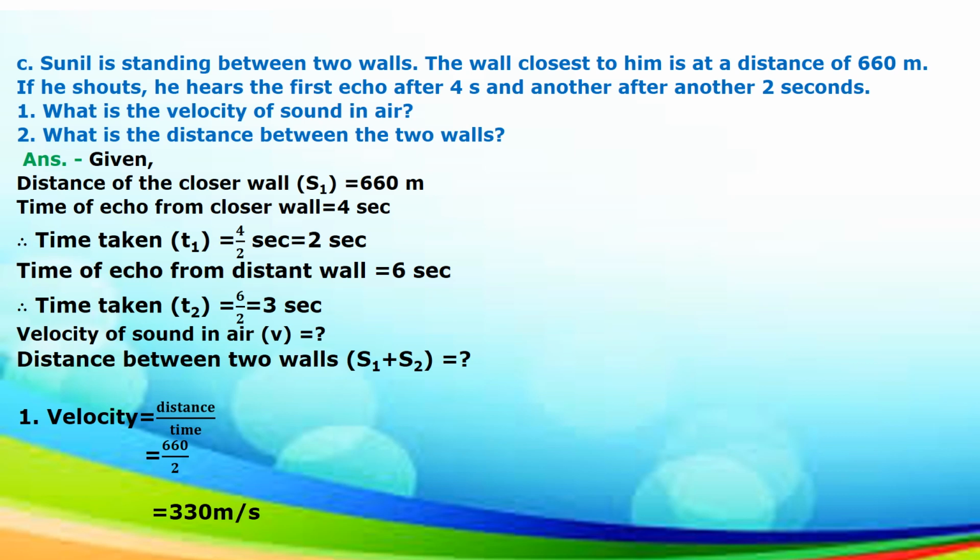So first of all we will calculate velocity. We know velocity is equal to distance upon time. So distance is 660 upon 2, that is equal to 330 meter per second.